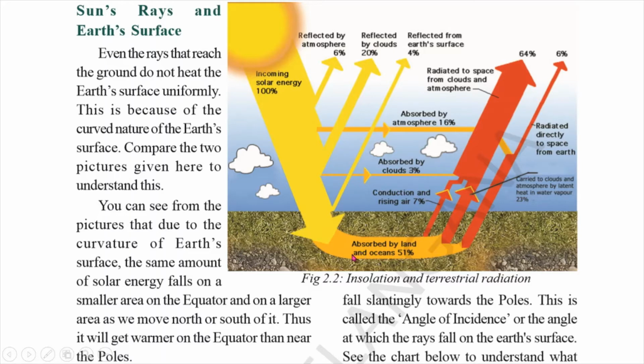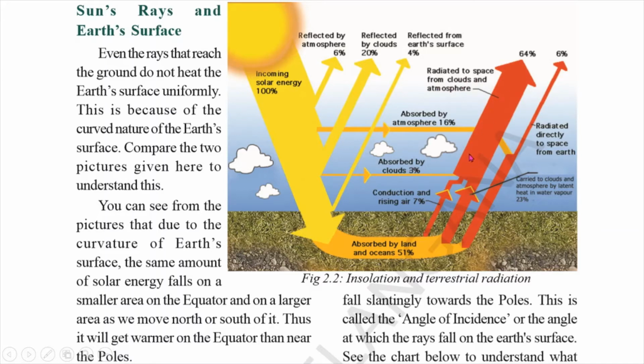Some radiation is reflected back into space by the atmosphere, by clouds, and by the earth's surface, and some is absorbed by the atmosphere and clouds and, after absorbing, reflected back into space. There will be conduction and rising air, and radiation radiated to space from clouds and atmosphere.